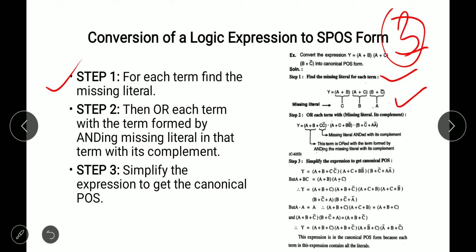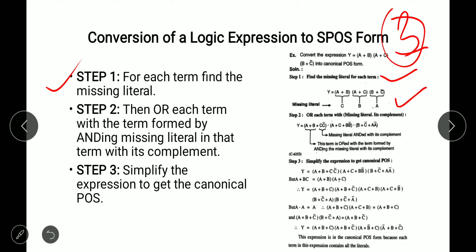Then the second step: OR each term with the term formed by ANDing the missing literal with its complement. Here, since POS form is a product of sums, we have to OR each term with the missing literal dot its complement.